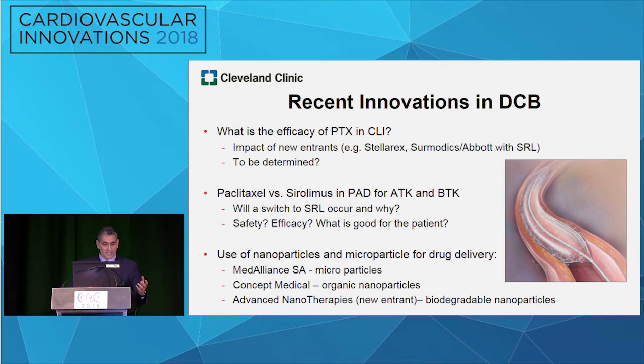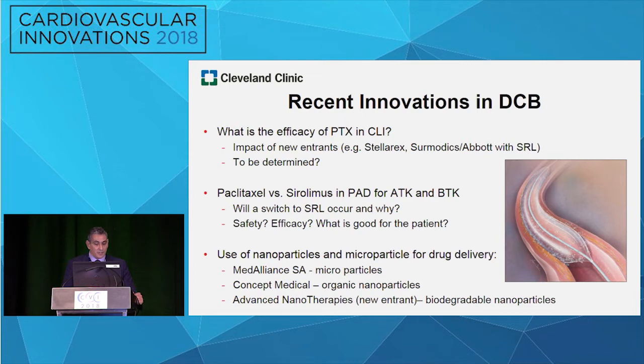The discussion between paclitaxel and sirolimus is prominent. How would that change the field, whether above the knee or below the knee, and will people switch to sirolimus or not? At this time, we don't know the safety and efficacy, so what is good for the patient? Obviously, paclitaxel is working very well, but we're not sure how sirolimus will come in.